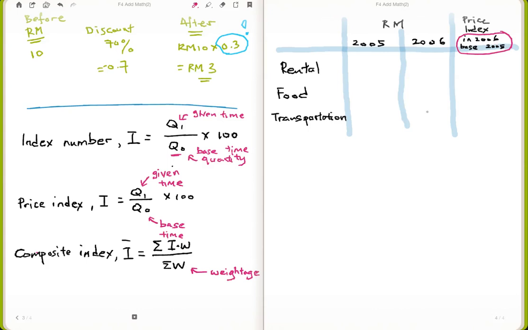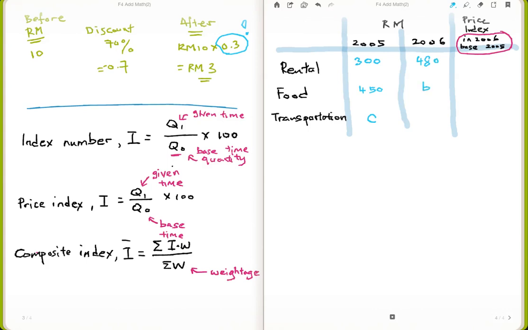So you were given other information, like says the price 2005 rental is 300 ringgit. Food would be 450. They never mention is per month or per day, so maybe this is per year. Maybe average. Don't think too much about it. This is give you an unknown, C. And then this is 480, 206.